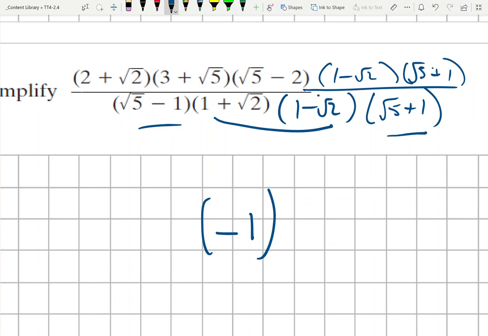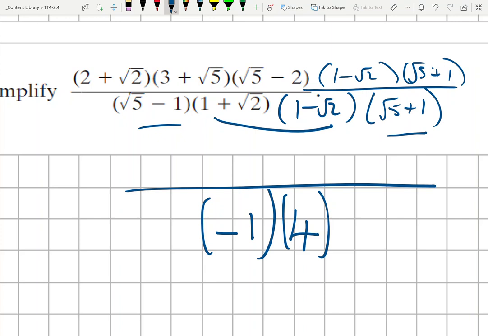Write this as root 3 take 1 over root 3 plus 1. Okay? And we'll times above and below by root 3 minus 1. Bottom has become 2.